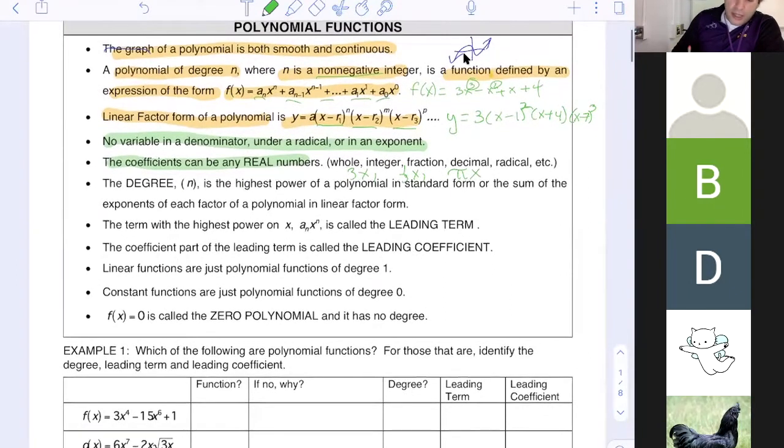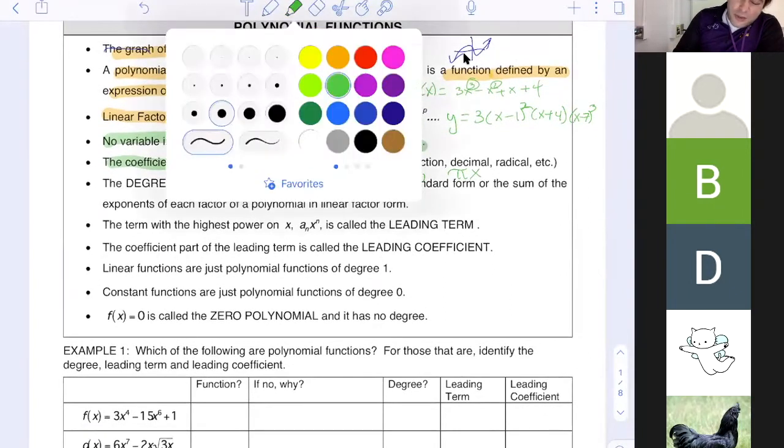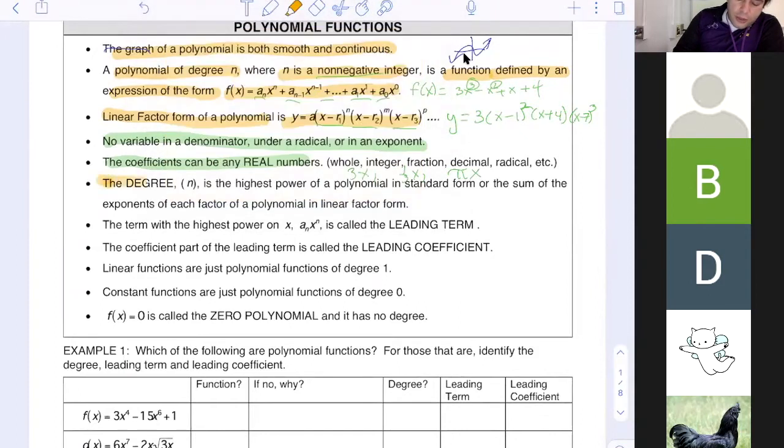All right, degree. This is something that I don't know how much experience you have with. The degree is the highest power of the polynomial in standard form. Okay, so it's the biggest exponent. And when it's in standard form, it's going to look something like this.